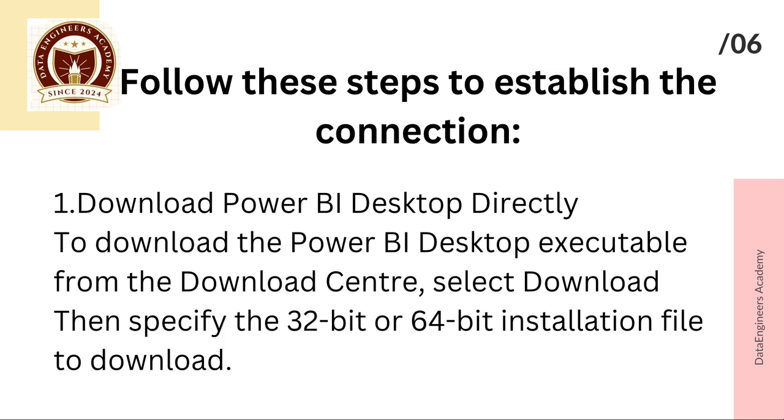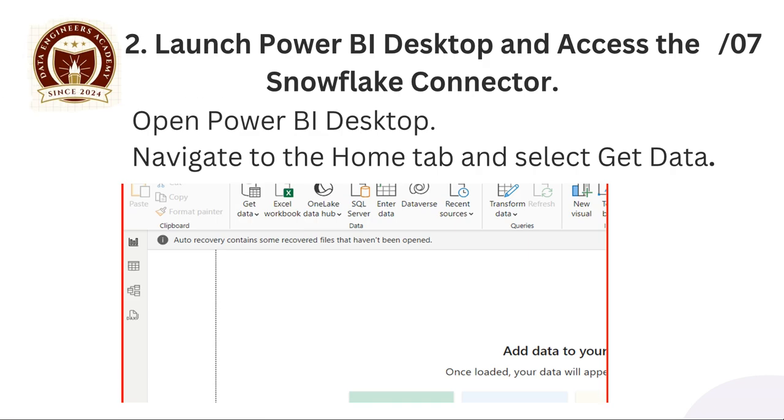Firstly, we have to download the Power BI Desktop directly or in Chrome. Once you click on download, you will get to select a 32-bit or 64-bit installation file to download. After installation, you just launch Power BI Desktop.